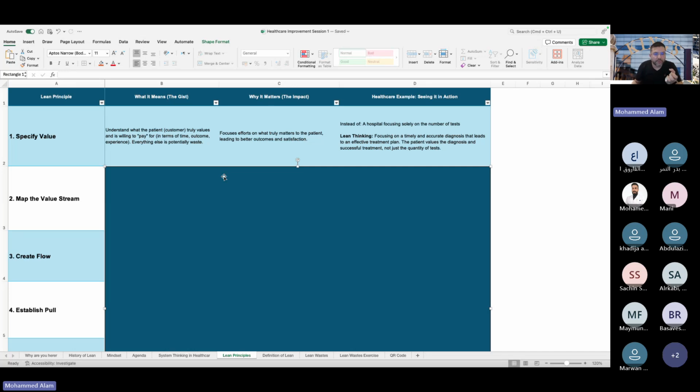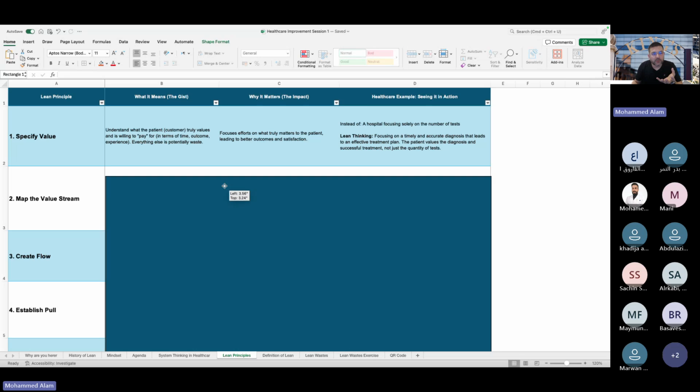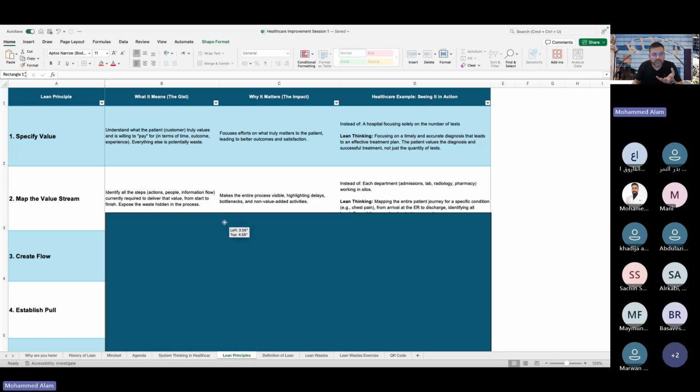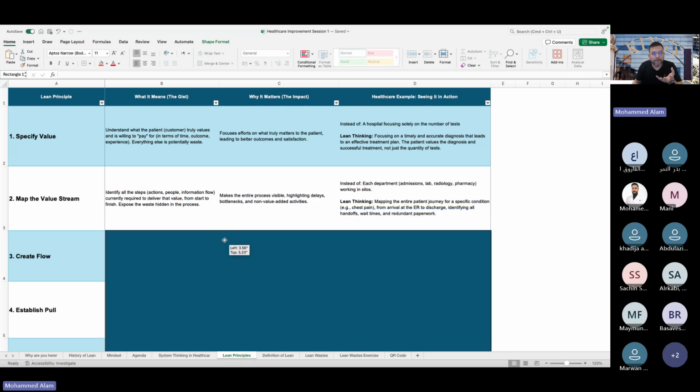Now, when we understand the value, we need to understand how the value flows. So the second principle is map the value stream. Identify all the steps, actions, people, and information flow that is currently required to deliver that value from start to finish. When we do this value stream mapping, it will help us identify everything that happens right when the patient enters the hospital until the patient leaves the hospital.